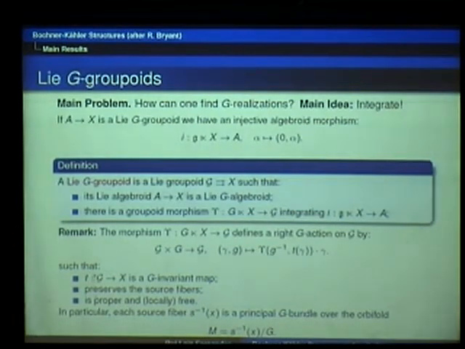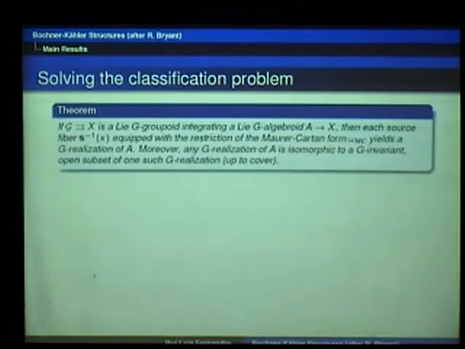So somehow, if I start with a Lie algebroid, I integrate to a Lie G groupoid, I will get these orbifolds, solutions somehow. So here is the basic theorem that allows to solve these classification problems.